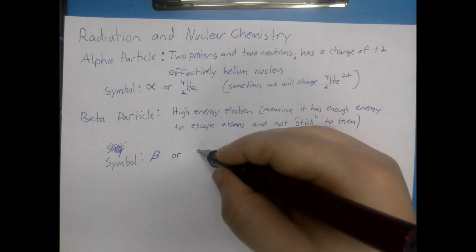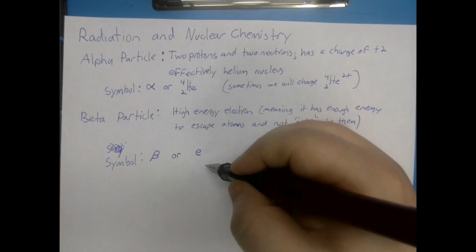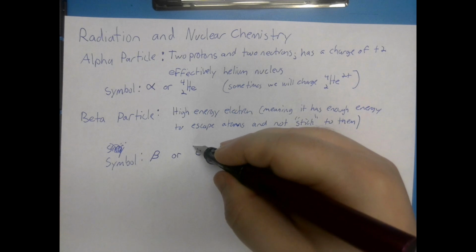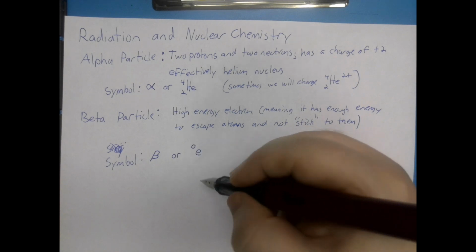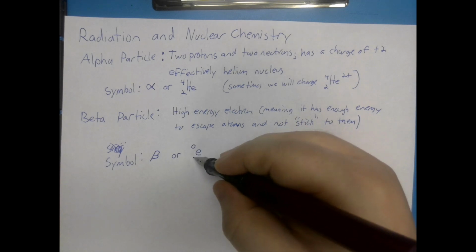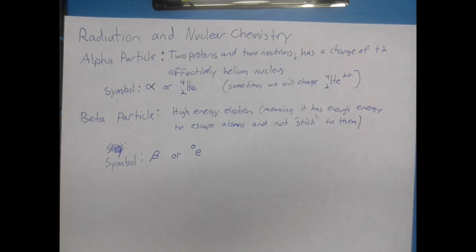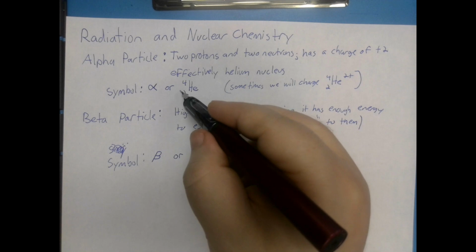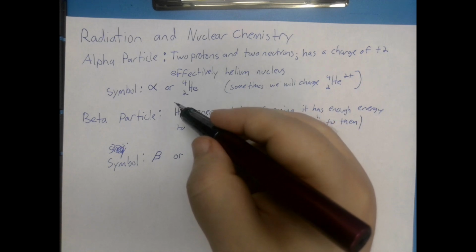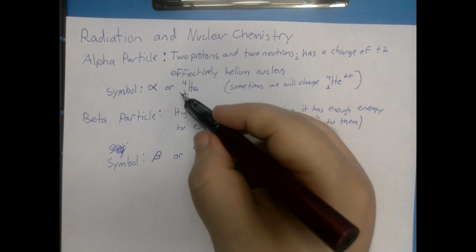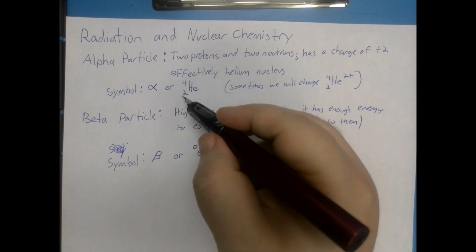Or we use e for electron. The mass of the electron we assume is 0. And this number down below is the atomic number. What does atomic number represent?